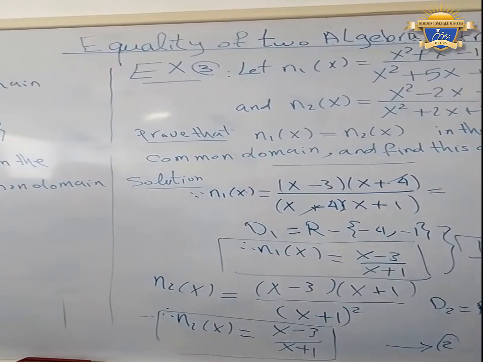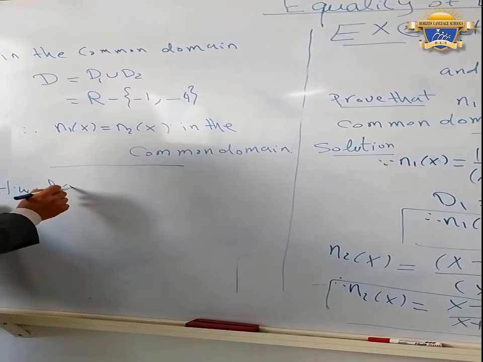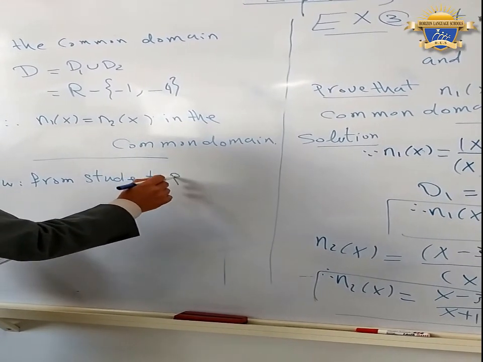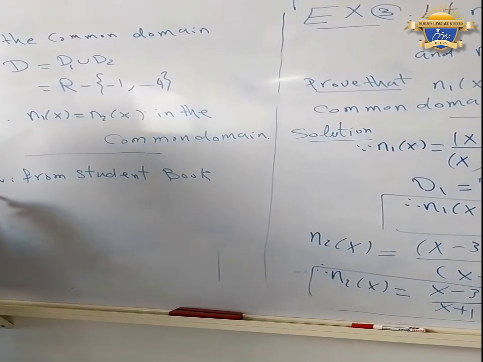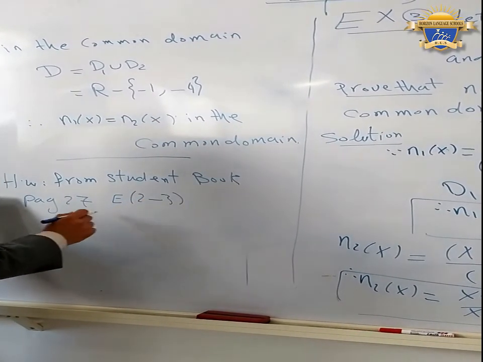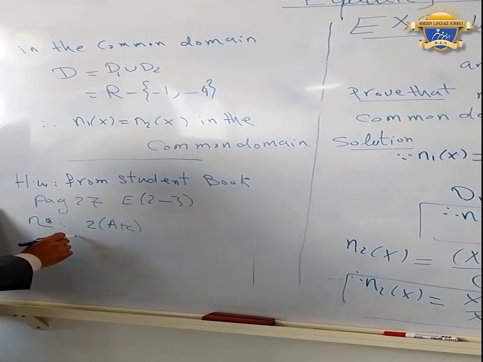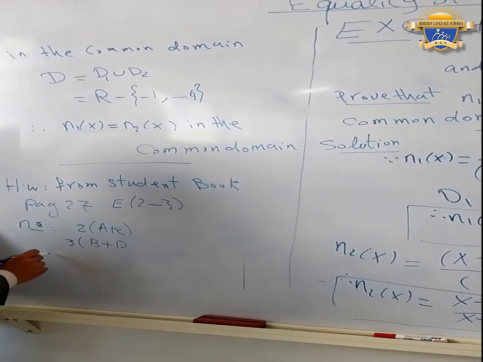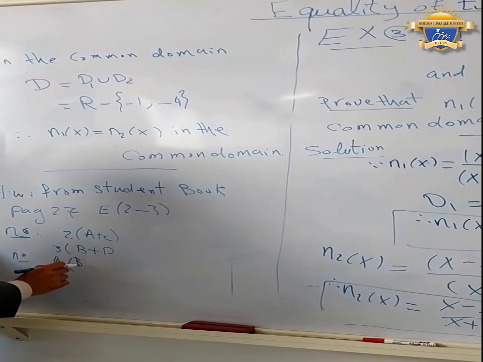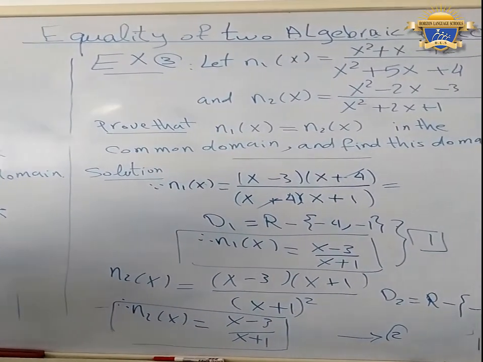The homework is from the student book, page 27, exercises 2, 3: number 2, A and C; number 3, B and G; number 4, B and D, B and C. This is the end of our lesson today, and I hope you success.